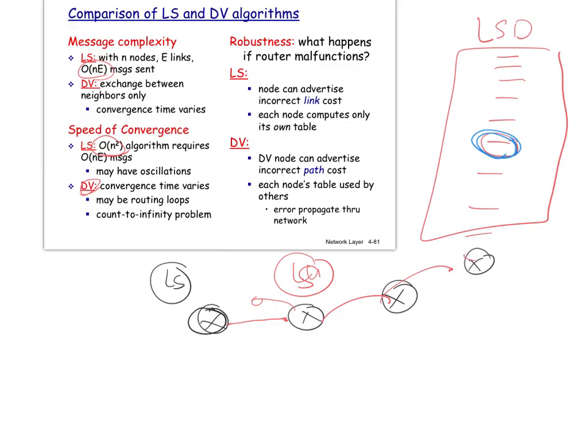So we know now that link state routing protocols are more resistive to errors at least, and they have to have a global view. That might be an overhead. In terms of link state updates, remember, as we said last time, for link state algorithms, the link state updates at the beginning, if this is T, will be very, very high to report all the link states for all the edges.